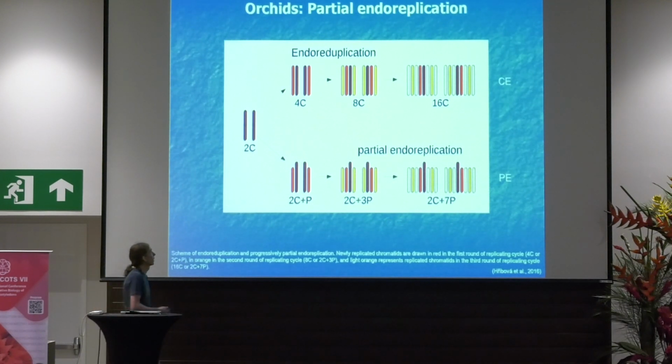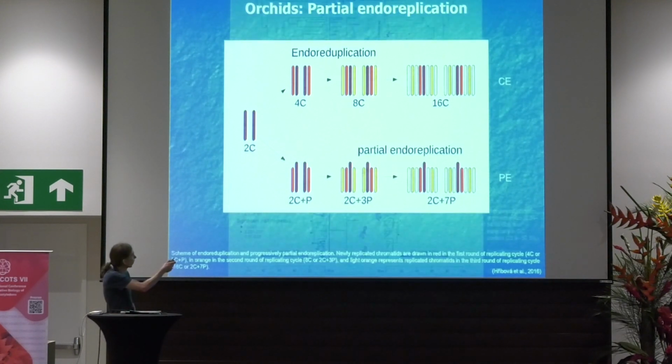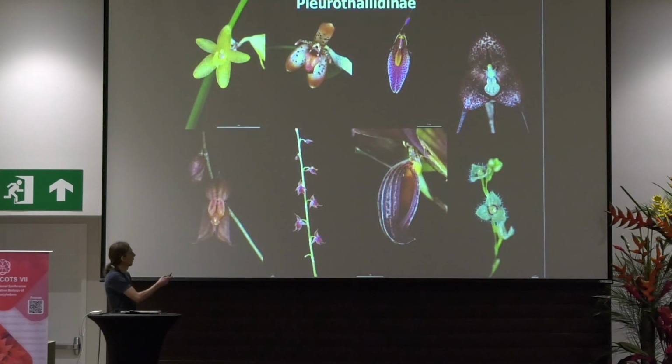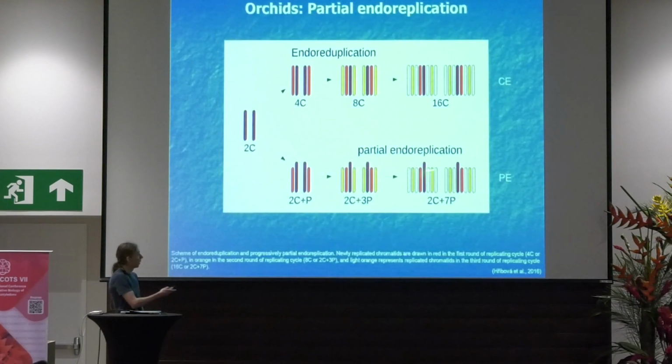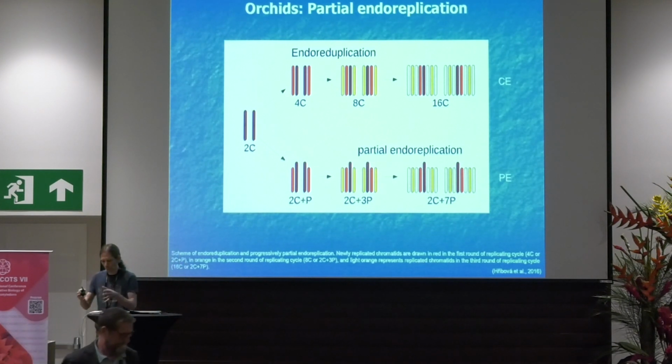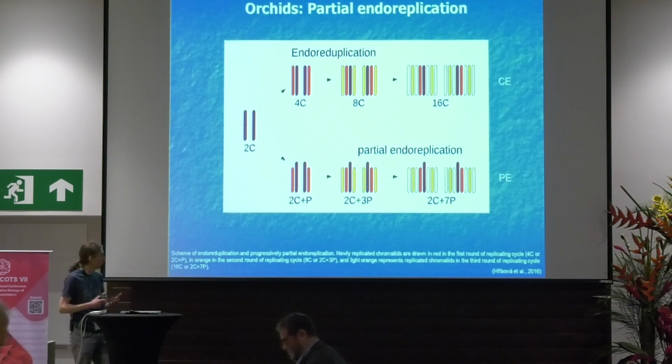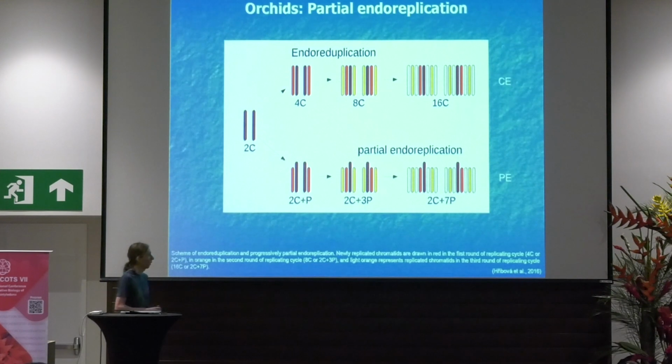It's common in plants that cells which plan to differentiate replicate their DNA as shown here, but without cell division. So cells which are going to be somatic cells, to differentiate, are increasing their individual ploidy levels.